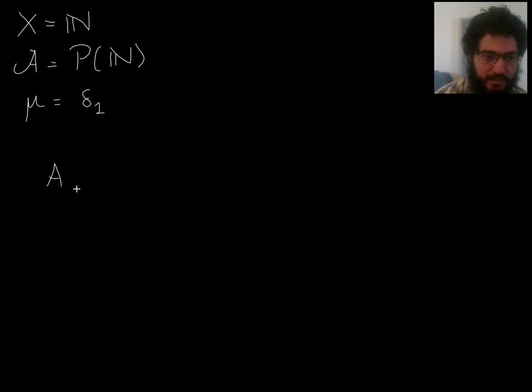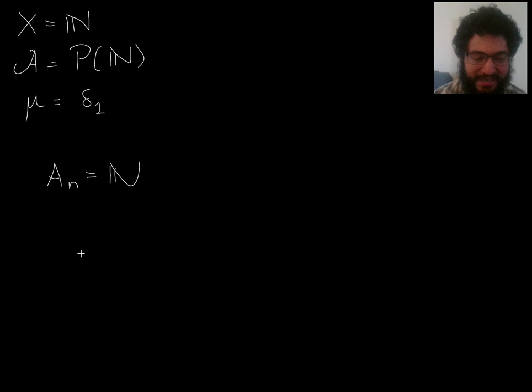Then let A_n be the same set for all n. Or if you want, you can make them different sets, just different sets that all include 1. So maybe, I don't know, make them all this, right?